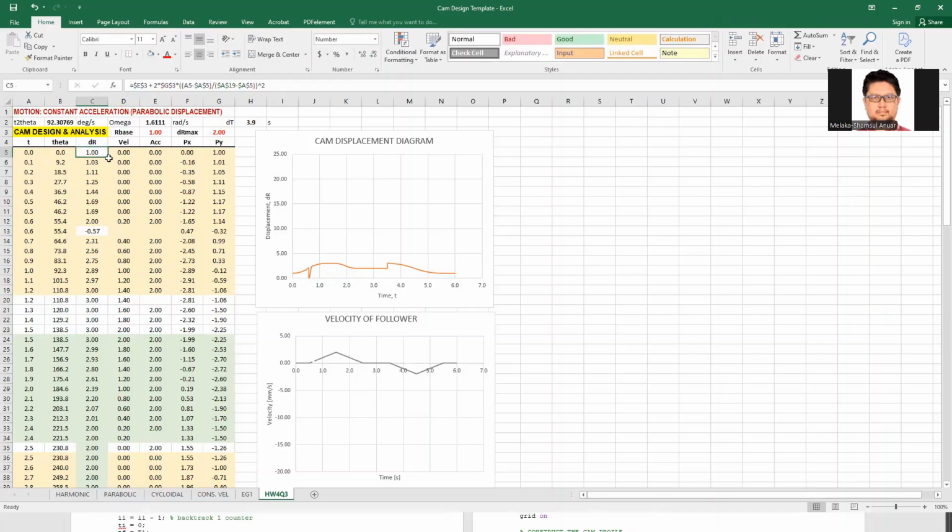And you want to copy this all the way to the first 0.6. So you are supposed to get from 1 up to 2. And then from here, you have a different set of range. Same range, but the overall equation is different. So this one will also go from, you change the one with the dollar sign.